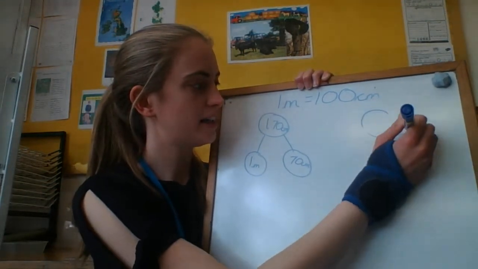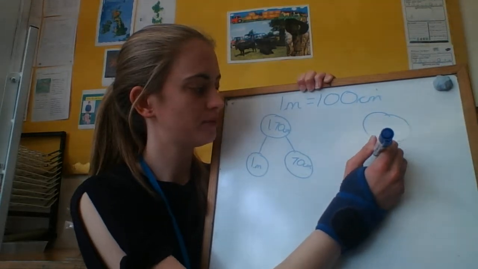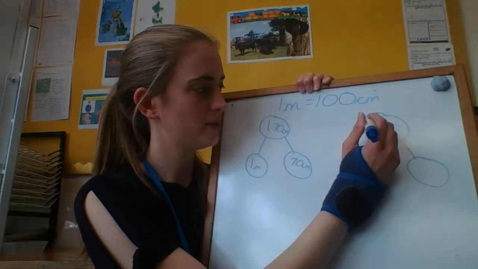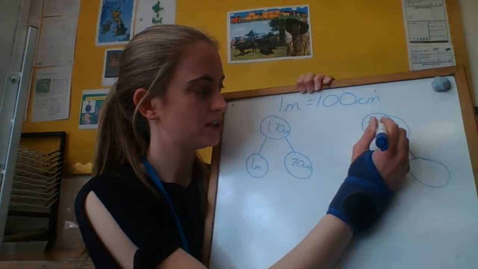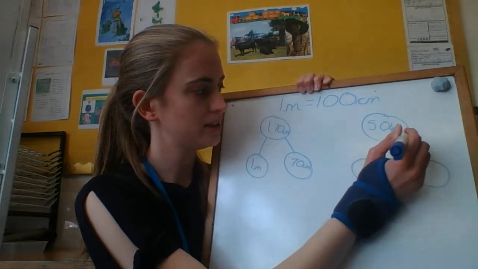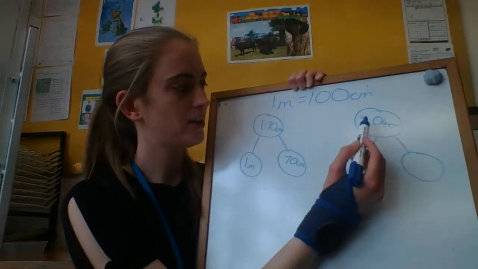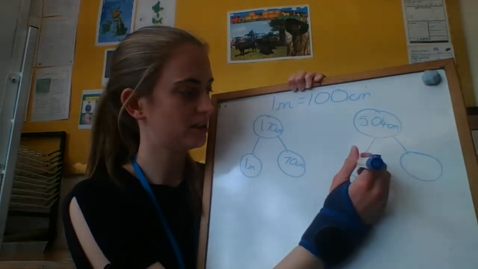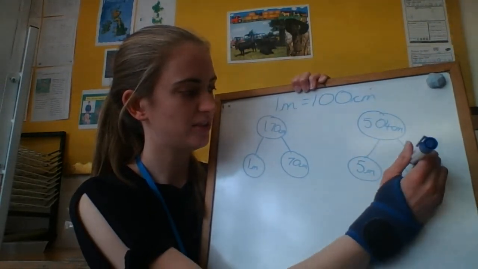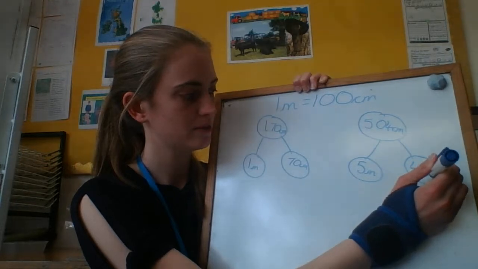Let's look at another one. If I had 504 centimetres, in the hundreds I have 5 hundreds, so that's 5 metres and there's only 4 centimetres.